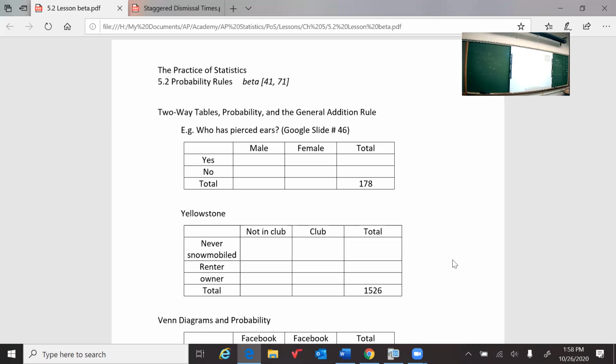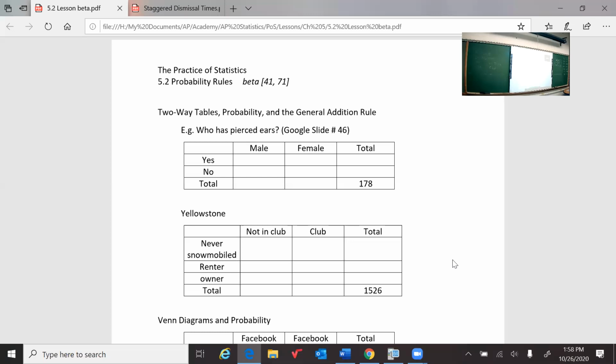The next question, and this is awkward. It's awkward in the book because they've got questions A, B, and C, and they've got set A and set B. Not too well done. Probability of A and B. Male and pierced ears. Well, we saw that. That's what's in here, which is row 1, column 1, 19 out of the total, 178.